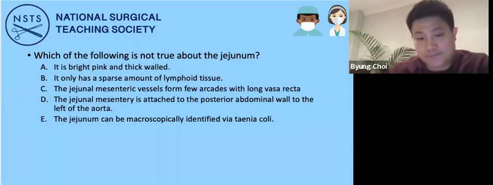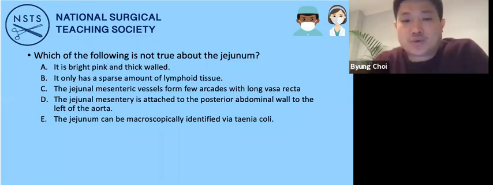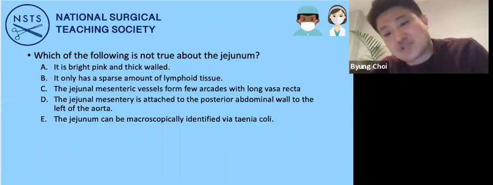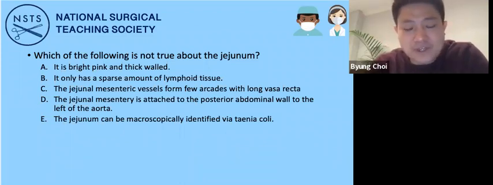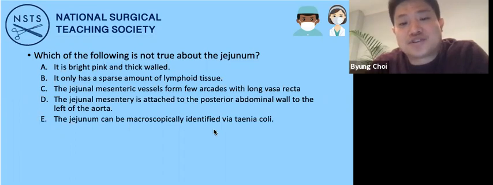Okay, so sometimes it can be tricky trying to recall the features between the jejunum and the ileum and the difference between the two. But for this question, if you look at E, which is the answer, you would know that small bowel doesn't have taenia coli, and that's actually a feature of large bowel.